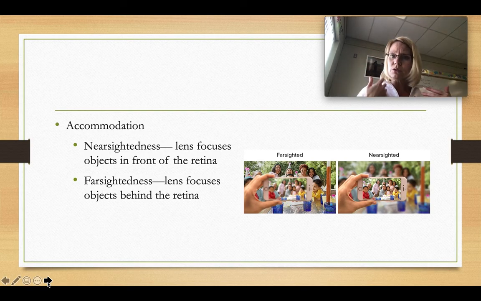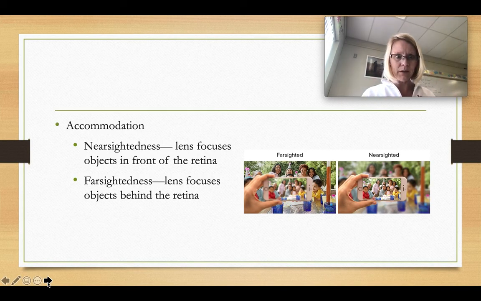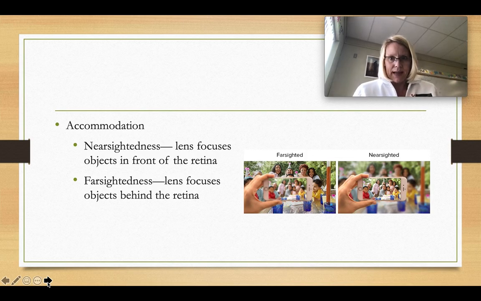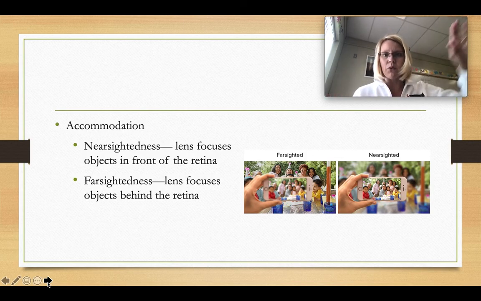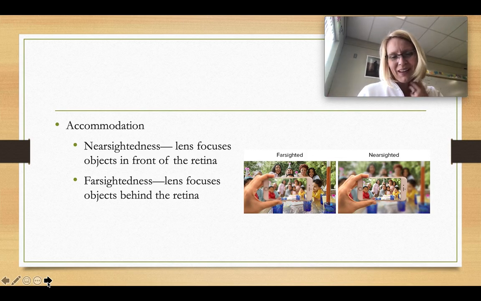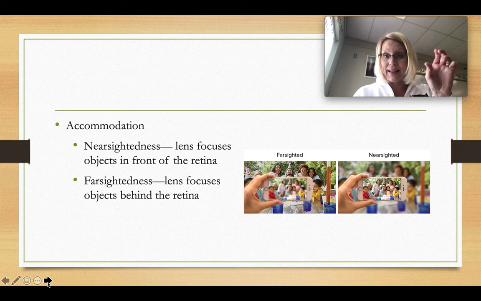And the doctor asks, do you want bifocals put into your glasses? I said no, I don't have farsightedness. I have trouble seeing far away. And he says, yeah, but you will. I'm like, oh, come on. I'm just going to be blind. Anyway, so this is how our lens changes to focus objects far away or close up.